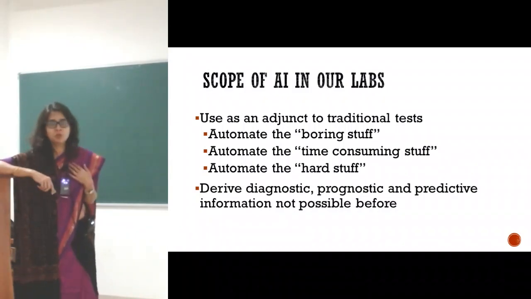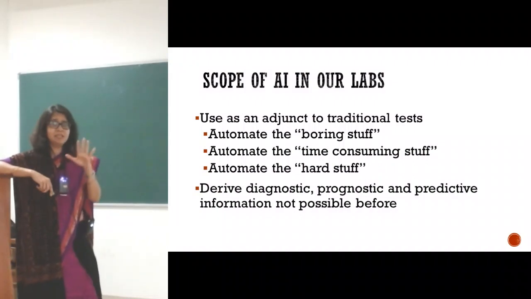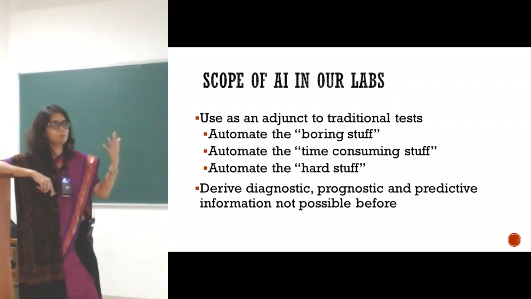None of us want to lose our jobs, and actually among pathologists there is a lot of resistance to venture into computational pathology. But the important thing is it can do the stuff better for us and cheaper for us.